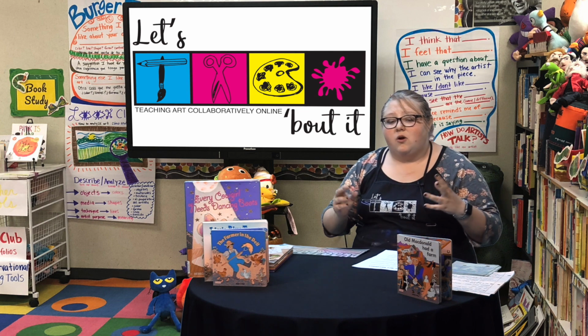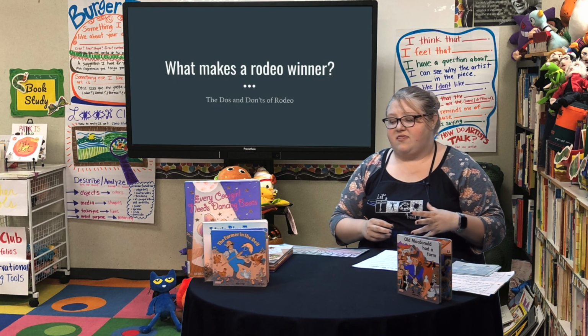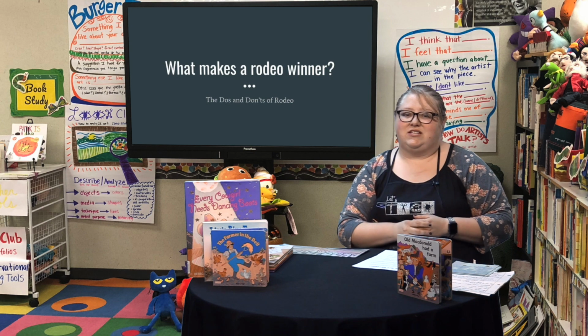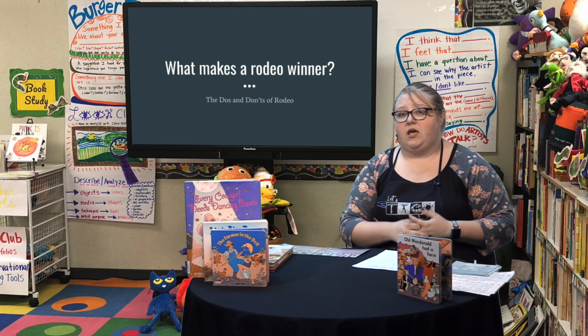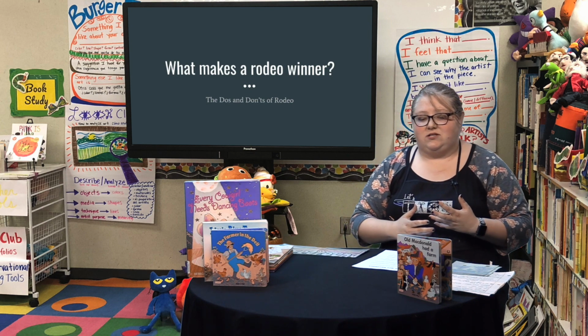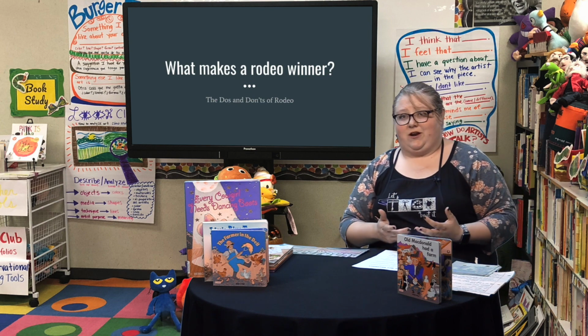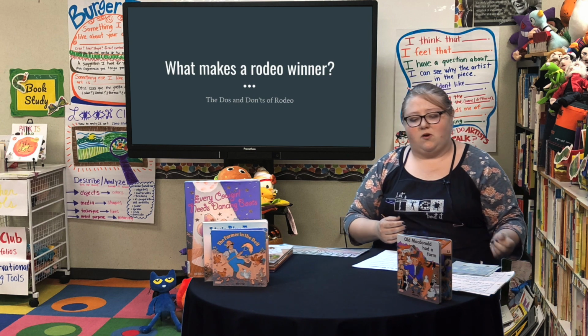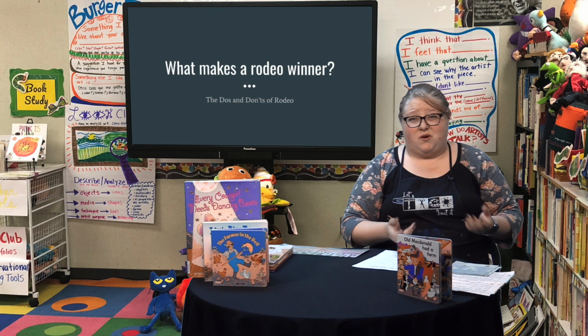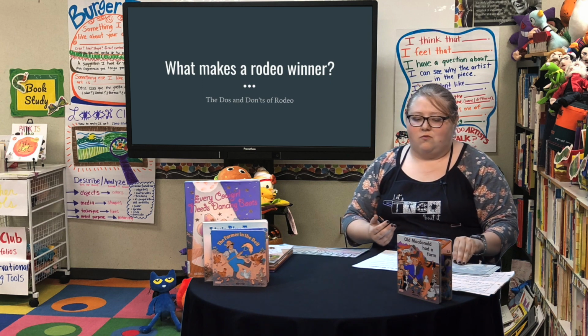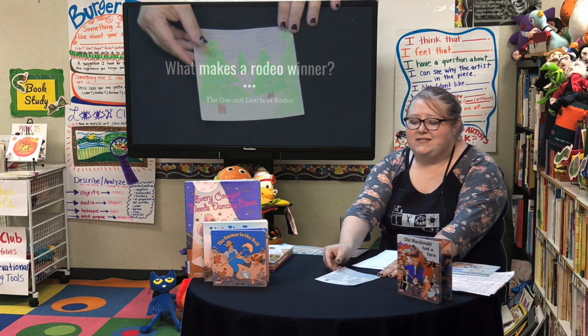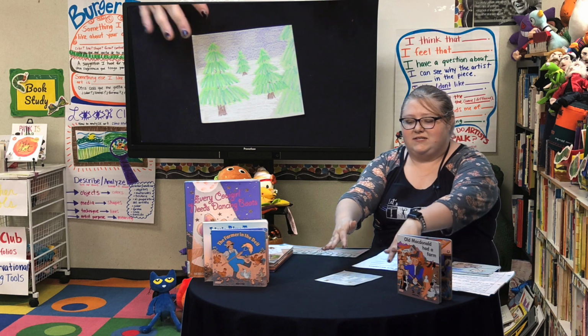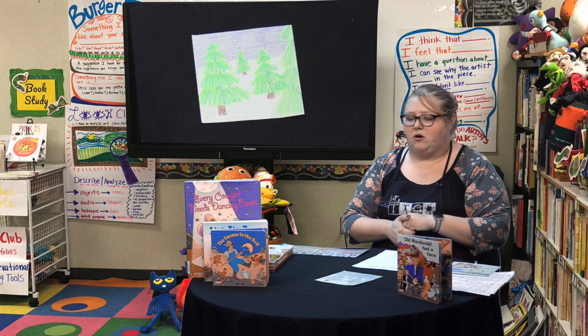So we're going to talk about some of the main things that you need to look out for when you are doing your artwork. I tell my students what makes a winner, and we talk about what makes a rodeo winner. Well, first of all, our rodeo winners have to do with rodeo. This is a beautiful little piece of art, a quick little sketch of some pine trees and snow.